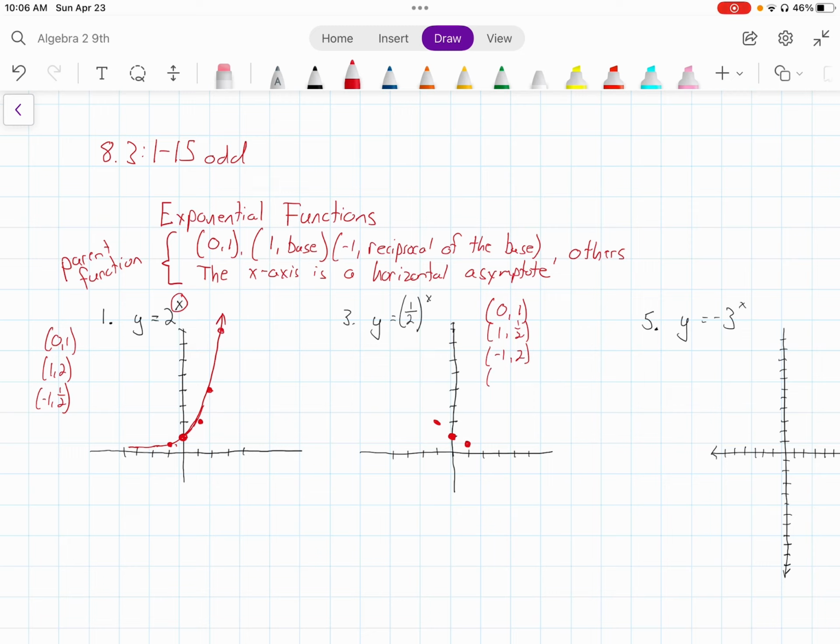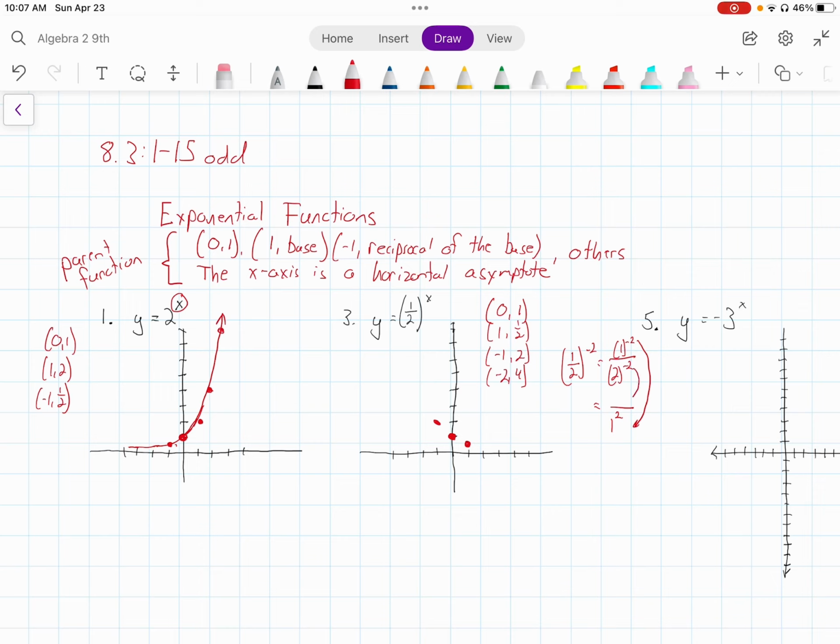If we kept going, negative 2, we would have 4 because, let's just do a quick explanation of this. This is like 1 to the negative 2 over 2 to the negative 2. Well, we learned that with negative exponents, if something's in the numerator, it moves to the denominator, and the exponent becomes positive.